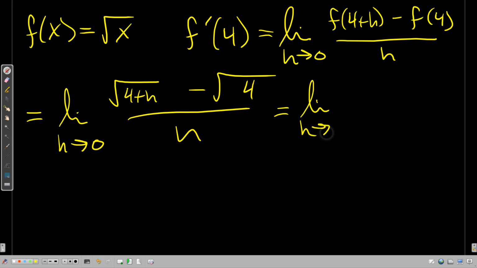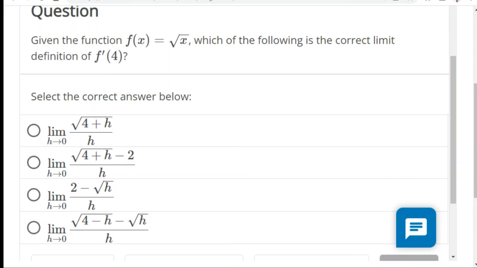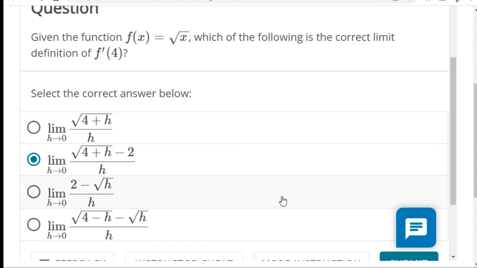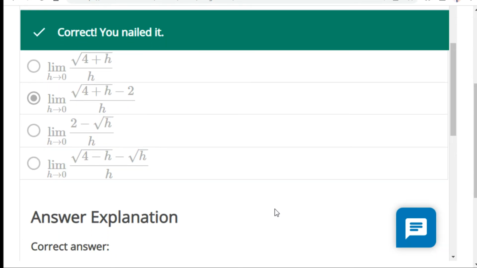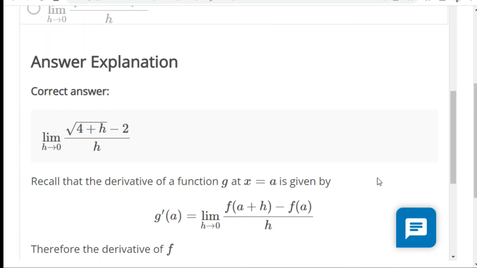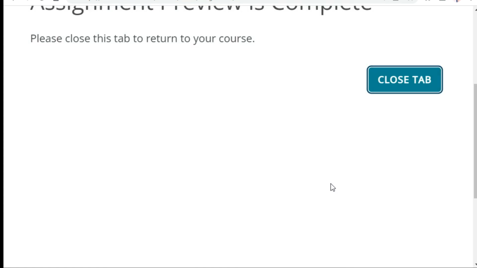You'd have the limit as h goes to 0 of square root of 4 plus h minus square root of 2 over h. And that should be the end of the homework.